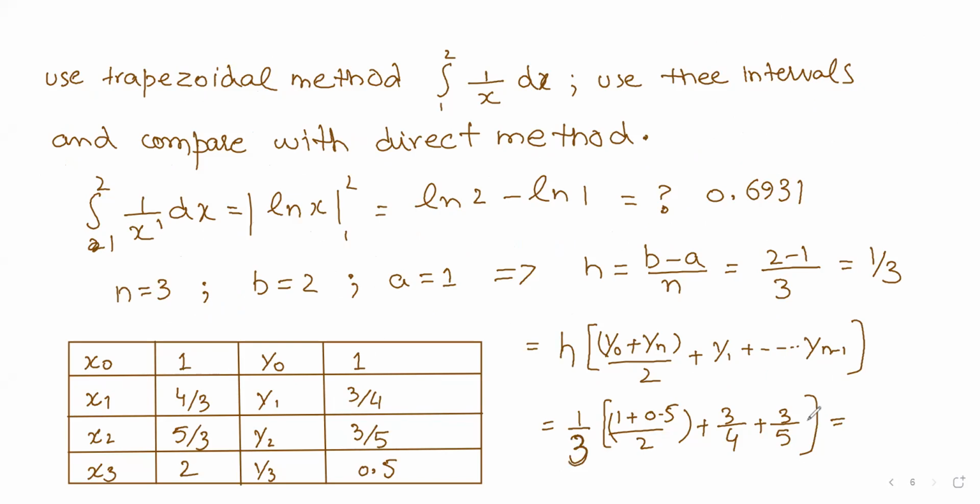So h means 1 by 3. So the answer is 0.7. Yeah, so see, it is almost equal to this one, 0.7. So it is acceptable.